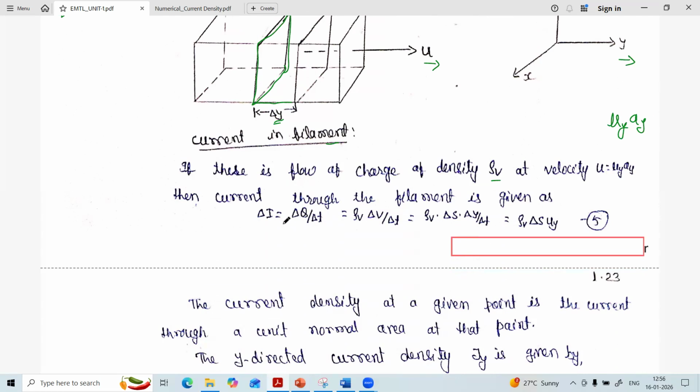So the current through the filament is given as del I equal to del Q by del T. Now how can we write del Q in terms of charge density?